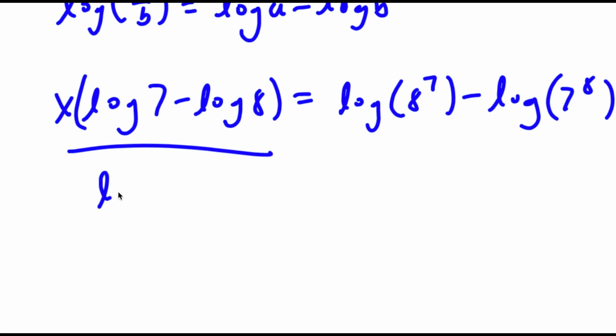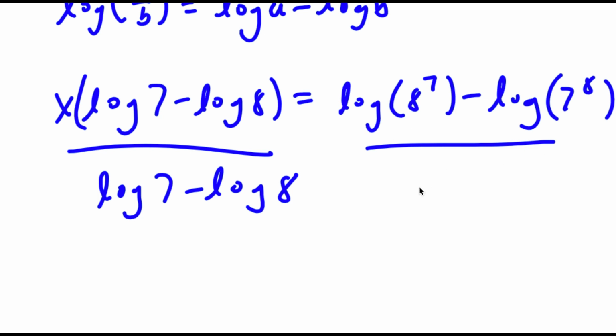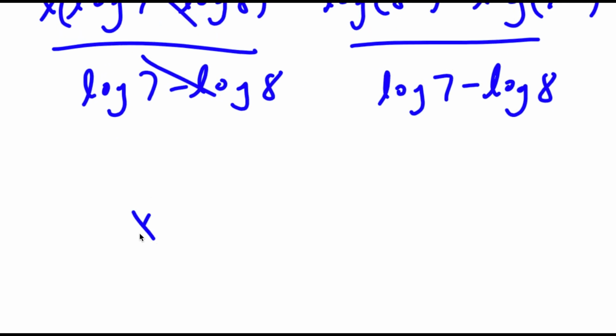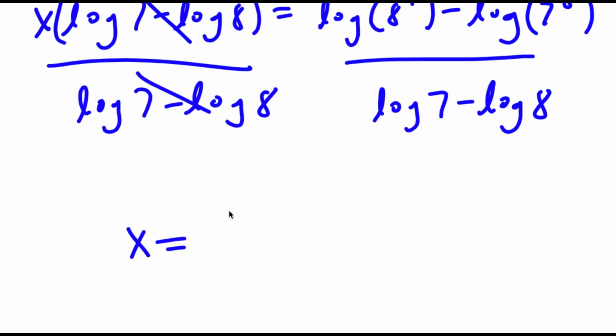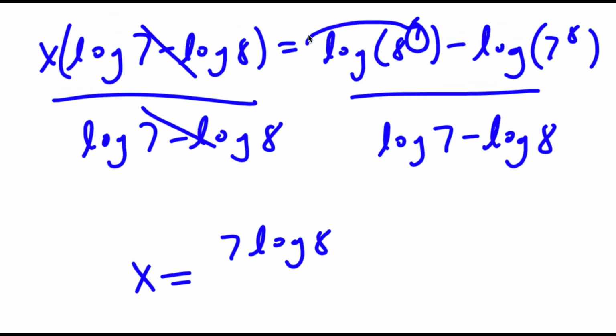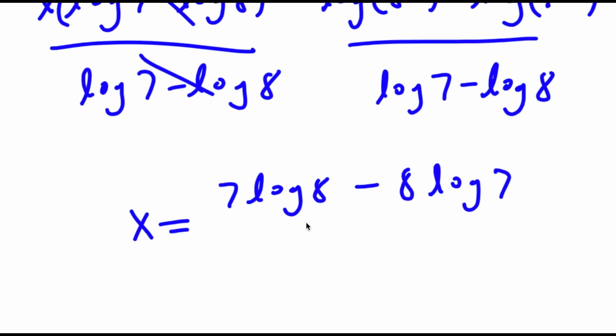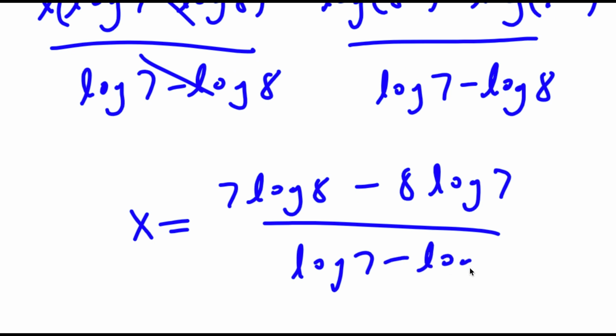Now if I divide both sides by log 7 minus log 8, these two cancel out, and now I have x is equal to 7 times log 8, because remember I can move the exponent to the front of both of these, minus 8 times log 7 over log 7 minus log 8.